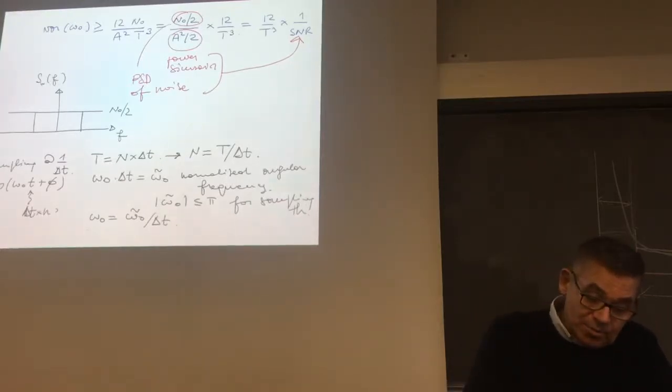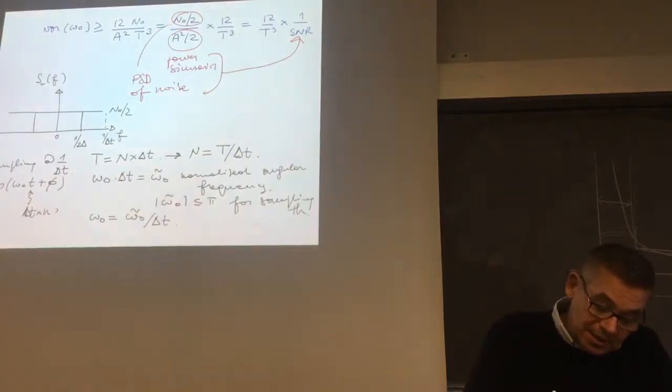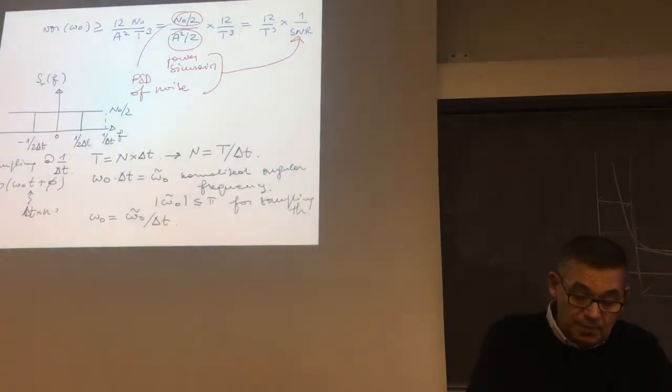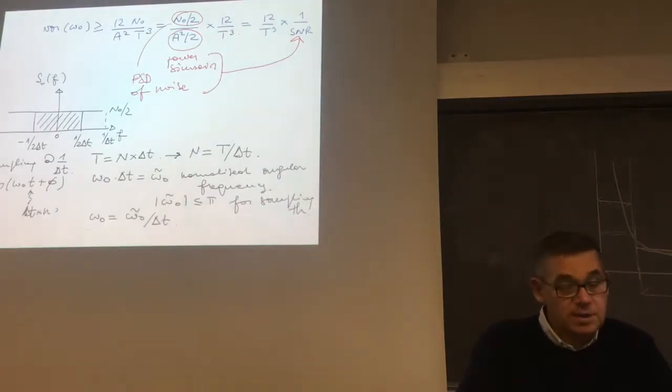So I can assume that the bandwidth here is limited to 1/2 of the sampling frequency. So here I have minus 1 over 2 delta t and 1 over 2 delta t. So in case I'm filtering the bandwidth, the power of the noise is given by this area.